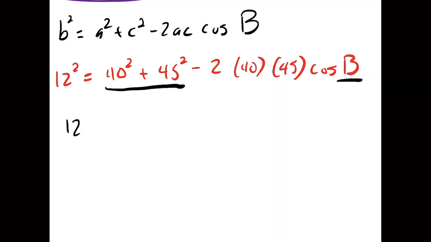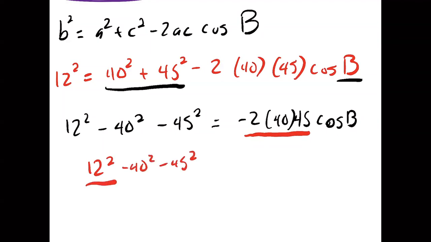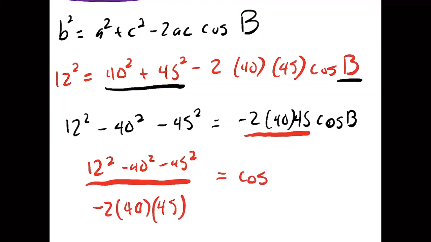And we get 12 squared minus 40 squared minus 45 squared is going to be equal to negative 2 times 40 times 45 times cosine of B. All right. Now dividing both sides by this coefficient, we'll get 12 squared minus 40 squared minus 45 squared divided by negative 2 times 40 times 45, and this is equal to cosine of B here.